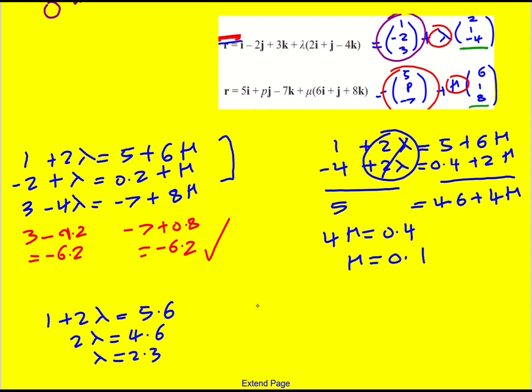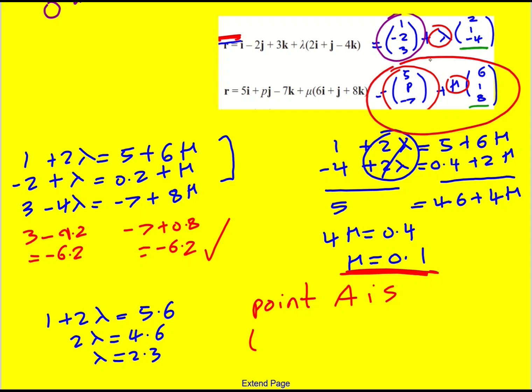So point A is, I think it's easiest to use this one. 0.1 is a little bit easier to sub back in than 2.3. So let's sub it back into here. I'm going to get 5 plus 0.6, so 5.6. Got my 0.2 plus 0.1, so 0.3. And then minus 7 plus 0.8 is minus 6.2 here.